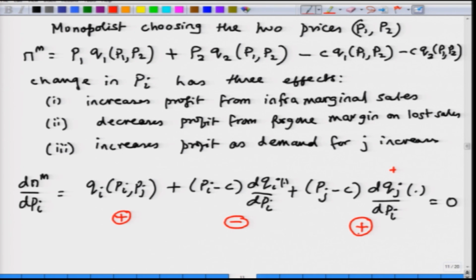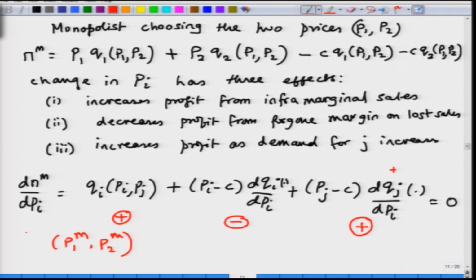So, I have one negative term and 2 positive terms, and I can write down the 2 first order conditions, one with respect to P1 and one with respect to P2. So, there will be a solution P1m, P2m, which will satisfy the two first order conditions.